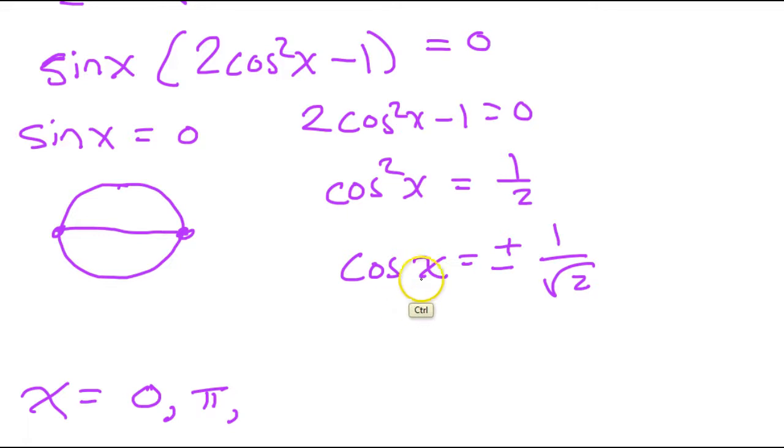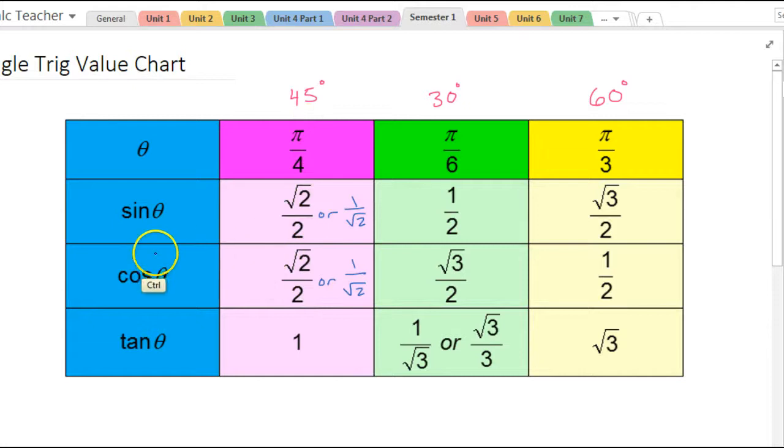Now, for cosine equals plus or minus 1 over radical 2, let's start by talking about what the reference angle is. The cosine of what is 1 over radical 2? That's pi over 4. All right? Again, that's one of these ones that we've memorized. The cosine of pi over 4 is 1 over radical 2.